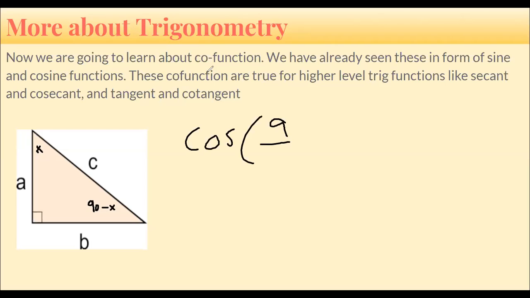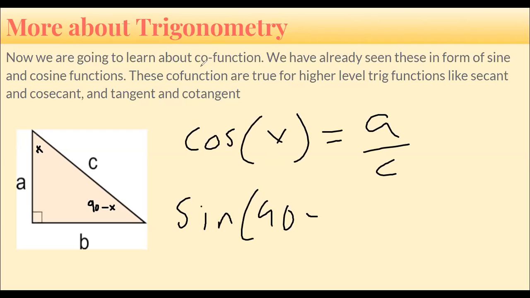And sine of 90 minus x is equal to a over c.